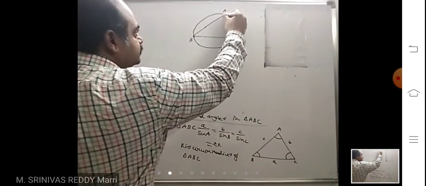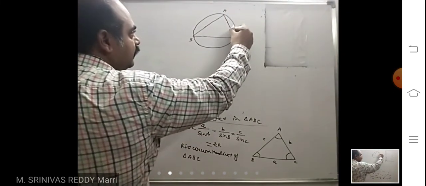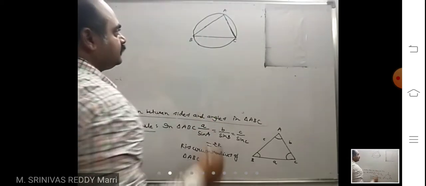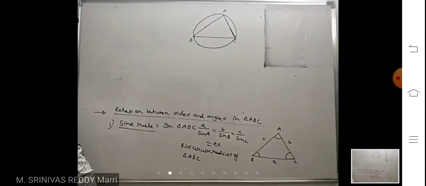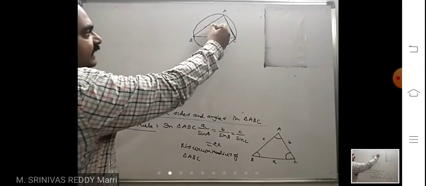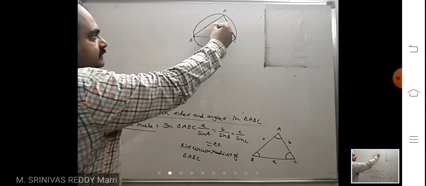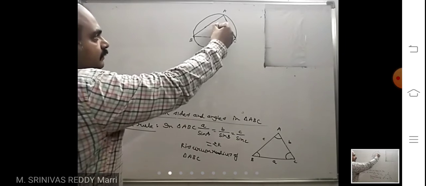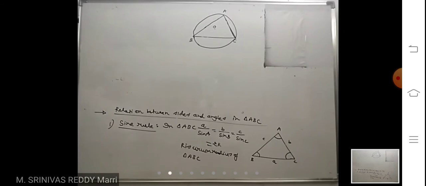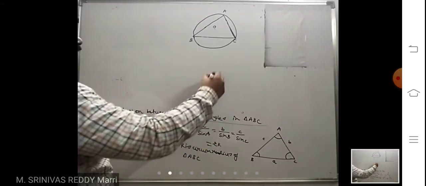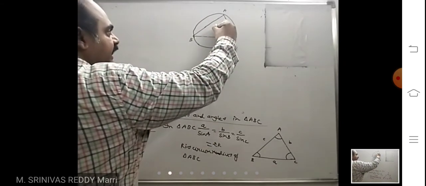So this is the circumcircle, right? Let us say the center of the circle is O. This is the circumcenter. Now you know, join O to C.